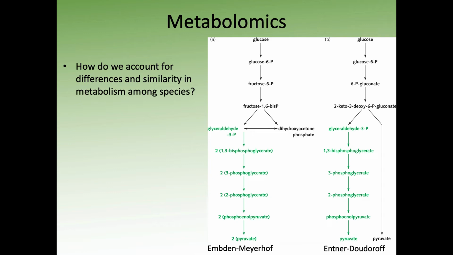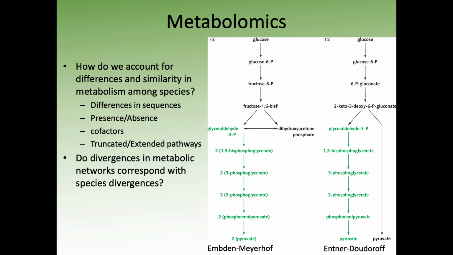They could have a similar evolutionary history, a shared history, and that's why we observe the things that we observe. But other times, when we try to account for these differences, we investigate whether we see differences in the sequences, differences in the presence and absence of genes, differences in the cofactors that are available to that organism, and differences in these actual pathways.